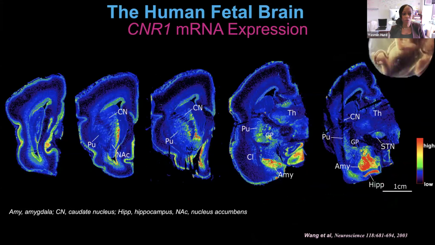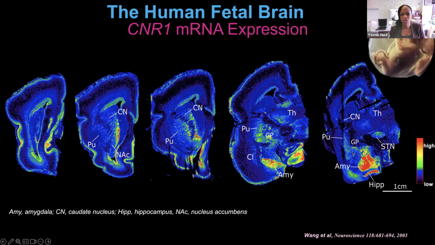This is the cannabinoid receptor expression that I showed you in the adult brain before. This is now looking in the human fetal brain. And we can see that it's expressed even in mid-gestation. As I said, the endocannabinoid system plays a critical role in neurodevelopment, so it's there early in the brain.